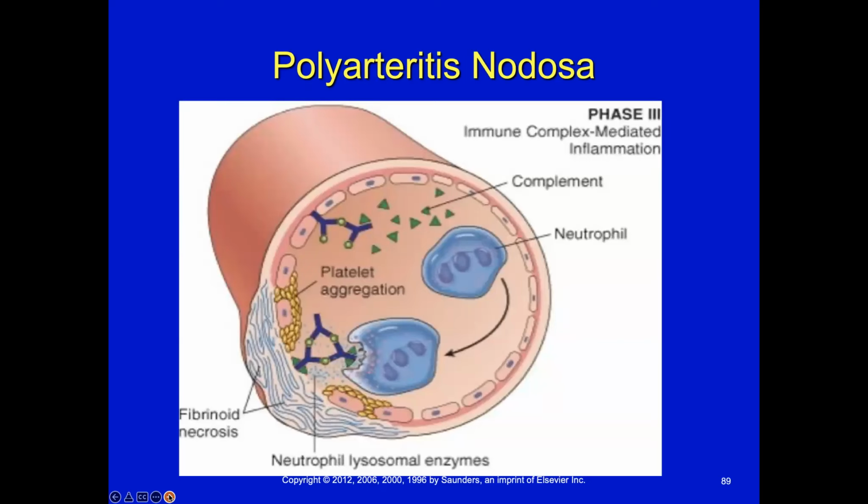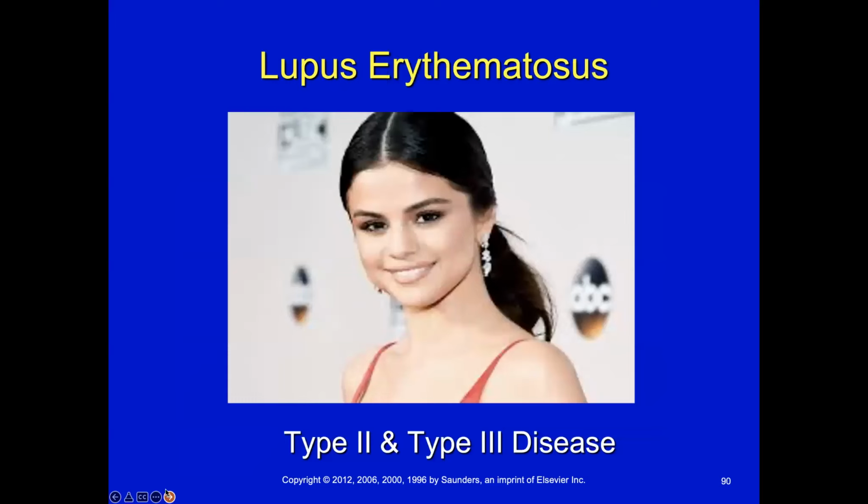And this is just a slide that shows polyarthritis nodosa. Here you can see the complexes are settling on the vessel walls. Complement is activated, that brings along the neutrophils, so you get your inflammatory response, and then you get damage to the cell wall. I'm sorry, the vessel wall.